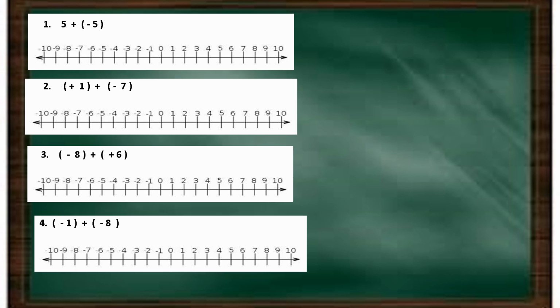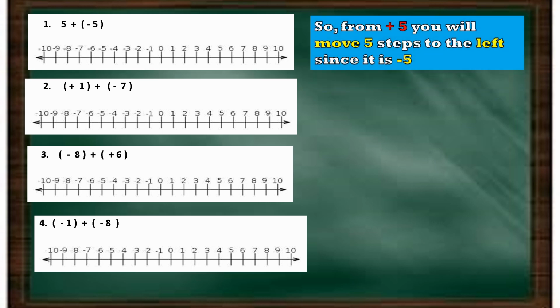Number 1. 5 plus negative 5. So, from positive 5, which is the base on the number line, you will move 5 steps to the left, since the second number is negative 5. So the answer of number 1 is 0.